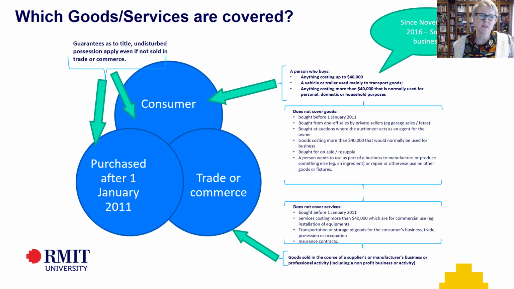For consumer transactions, we're talking about after the 1st of January 2011, which is nigh on irrelevant now. It's a significant number of years ago, but what might be more relevant is whether the transaction, if it's a small business transaction instead, has happened since November 2016. So take a look at that, but really the point of that slide is not so much to tell you what to do in those circumstances, but to give you an idea about the kind of analysis that you need to do in order to work out if a statute implying terms actually applies to your situation.